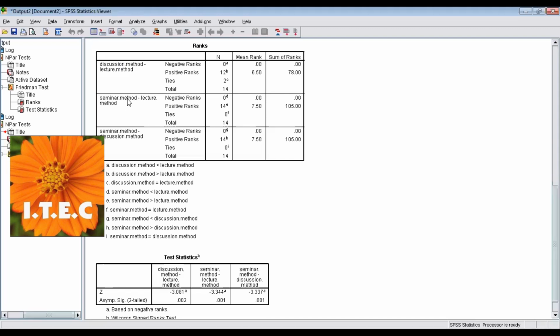And the reason may be because after the lecture method, the same topic they were taught through the discussion method and the same topic again they learn. So that is why it's bound to be there. So if you want, you can use this and you can write. So let me take down these values and then I will write.